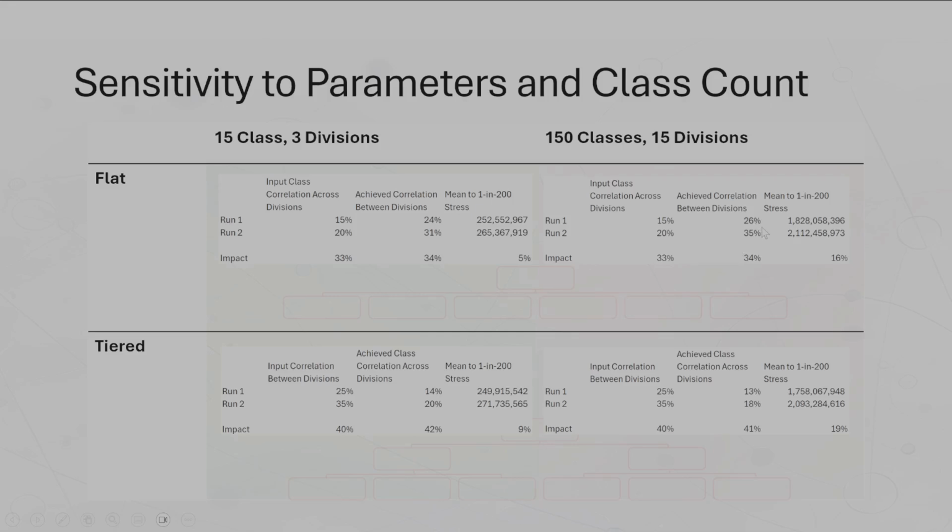But if we look, we're actually getting very similar achieved correlations between the divisions. Empirically, still very similar levels. So that's 26% compared to 24 in the 15 class example, 35 compared to 31. What is different though is the impact that we're seeing on the stress, the final aggregate results.